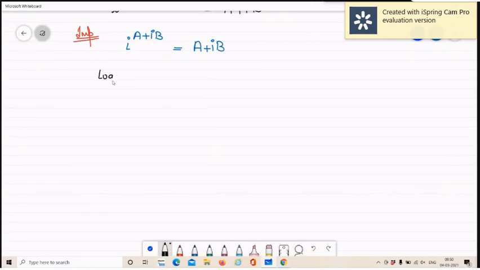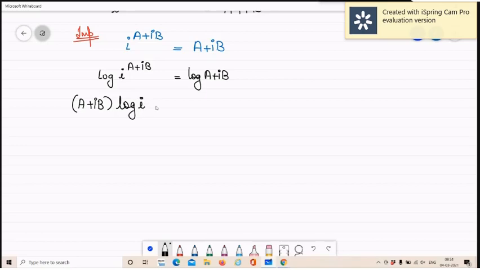So after this, the immediate step is taking log on both the sides. I will get log of i raised to a plus ib, and there is a log on the right also. Now I have a property: log of a raised to m. So this will be a plus ib into log i equal to log of a plus ib.